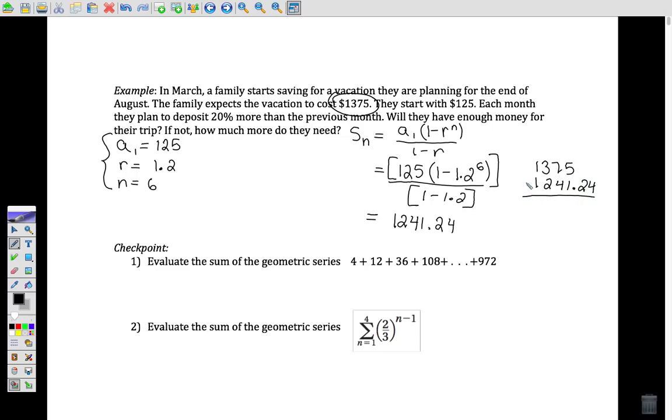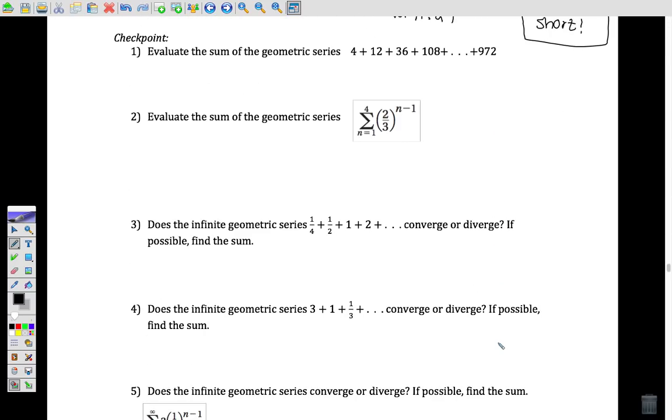So they are still $133.76 short. So it looks like maybe if they had started 1 month earlier, they would have been able to save enough. So now I want you to pause the video and try the 5 checkpoint questions to make sure you can do these types of questions.